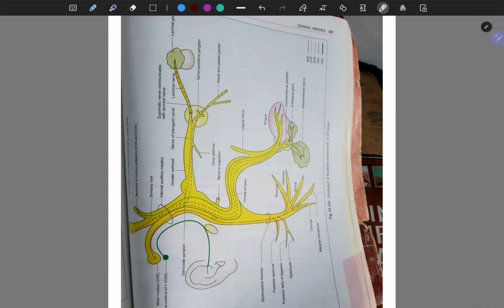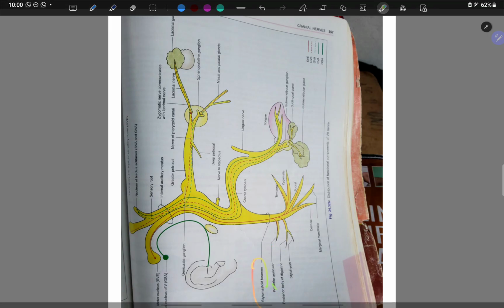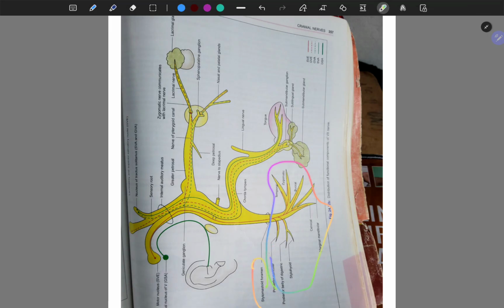If they are asking you about the facial nerve, just remember 3 points. Once it is out of the stylomastoid foramen, it is a motor branch. So what are all the motor branches? Posterior auricular branch, posterior belly of digastric, stylohyoid muscle.